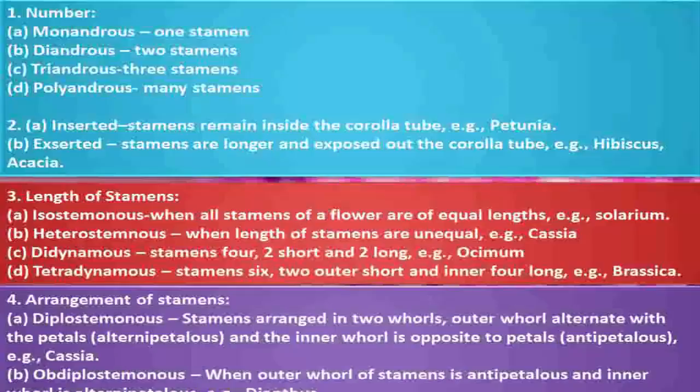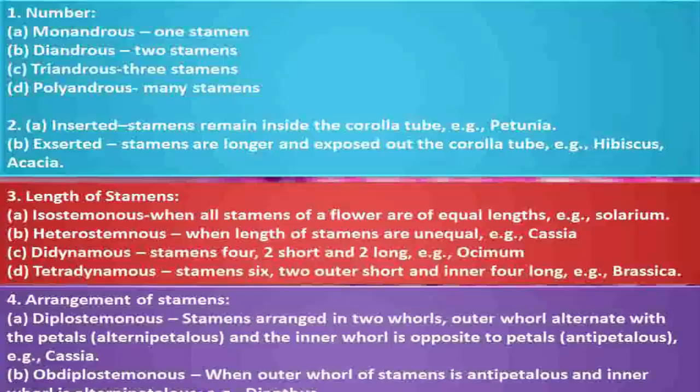Then comes Didynamous. When the stamens are 4, two short and two long, it is seen in Ocimum, that is your Tulsi. And then comes Tetradynamous. Stamens are 6 in number, 2 outer short and inner 4 long. This is seen in Brassica.